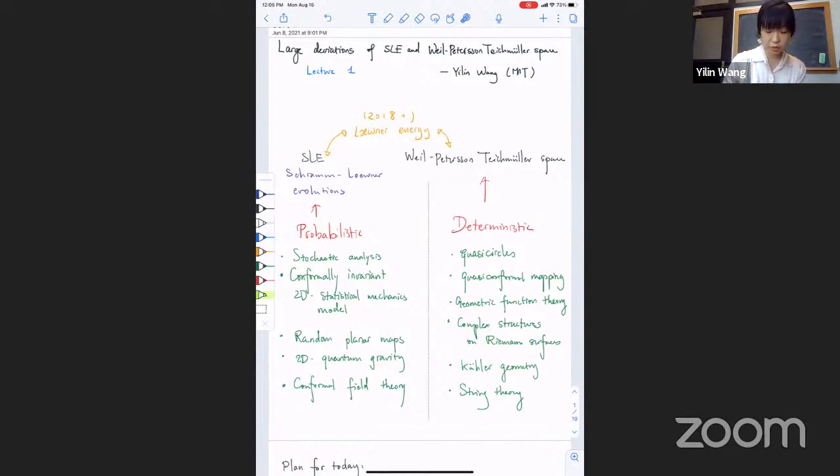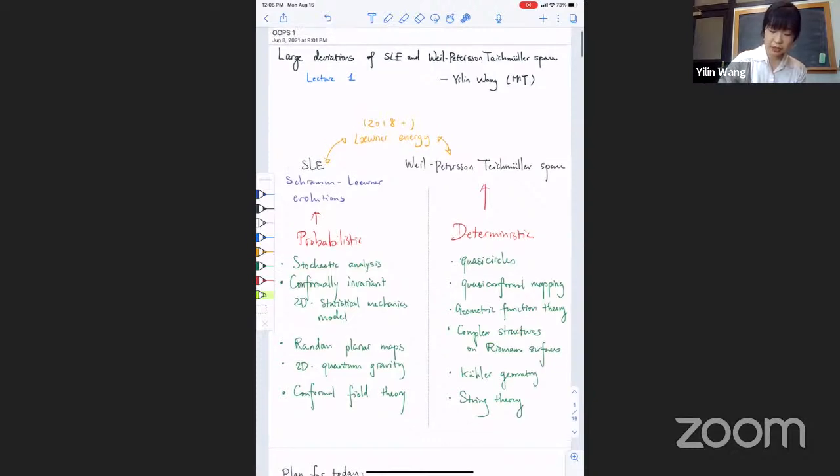And also connections to 2D Liouville quantum gravity, and also connections to conformal field theory. The connection to conformal field theory is quite vague, as people don't even agree on what conformal field theory would mean, but they're closely related to those conformally invariant 2D statistical mechanics models.